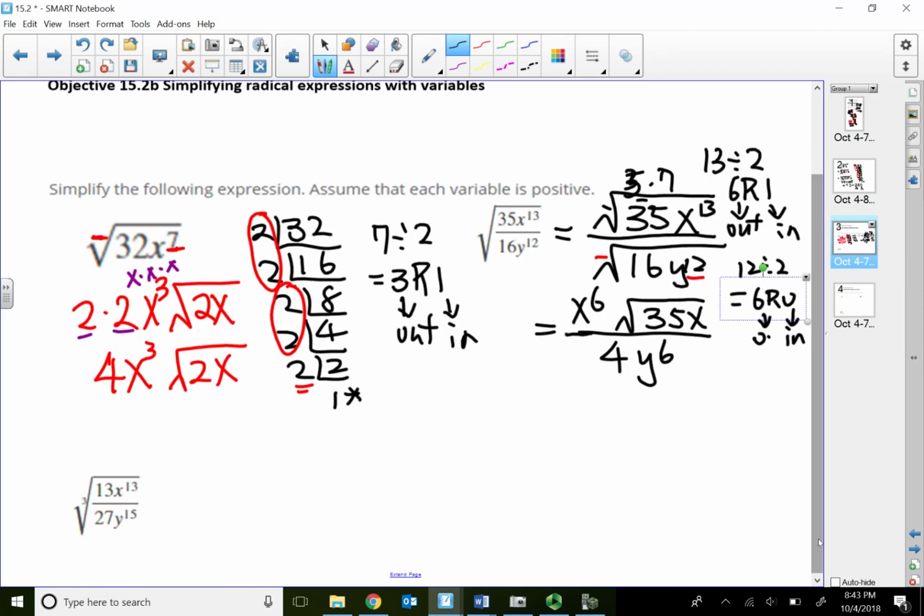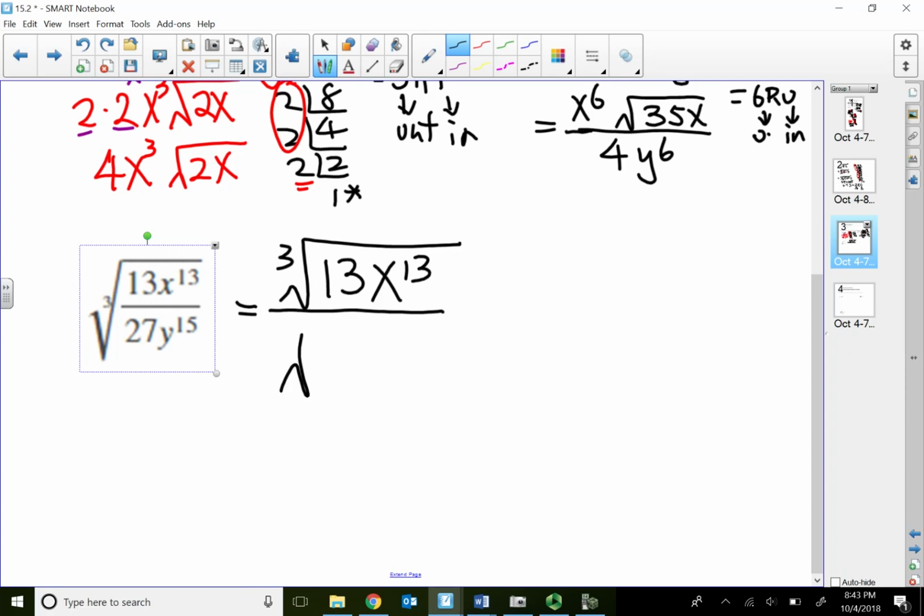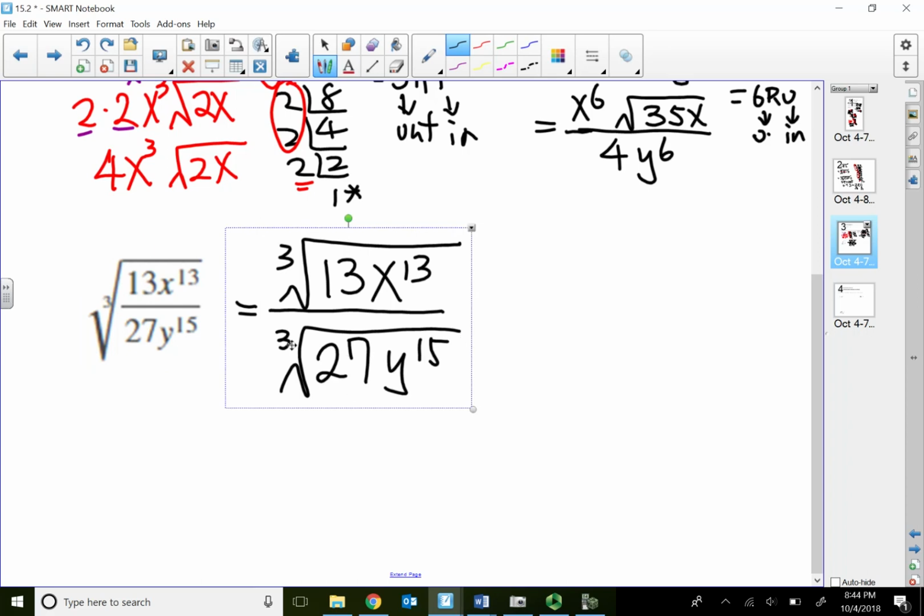Okay, now this is a cube root. I don't know if you remember that 27 is a perfect cube, which is 3 to the 3rd power. So the cube root of 27 should be 3. But let me go ahead and split them up, and let's see who goes out and who stays inside. The cube root of 27 should be 3 because 27 is 3 to the 3rd power, and the cube root cancels out. That will make my 3 go out.